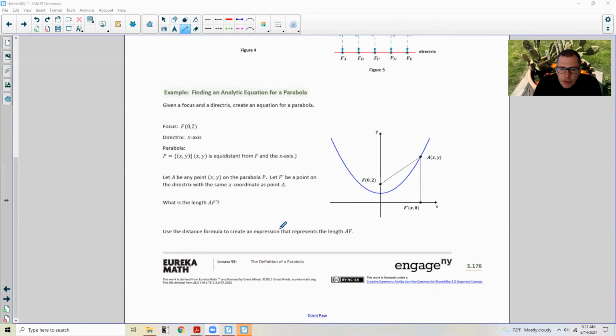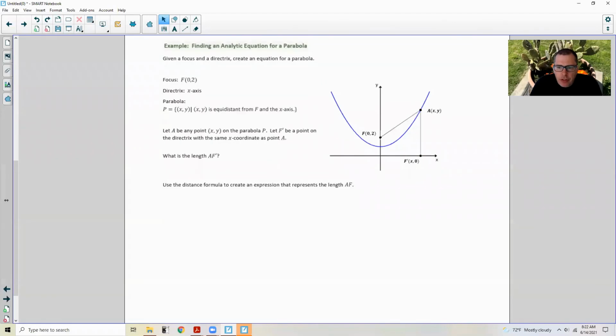Use the distance formula to create an expression that represents the length AF prime. Okay, when you have a vertical line, it's really easy to find the distance. It's just the change in y, because the change in x is nothing. All right, so I'm going to show it though. The distance formula is d equals the square root of x sub 2 minus x sub 1 squared plus y sub 2 minus y sub 1 squared.